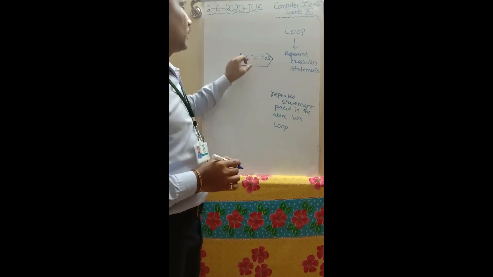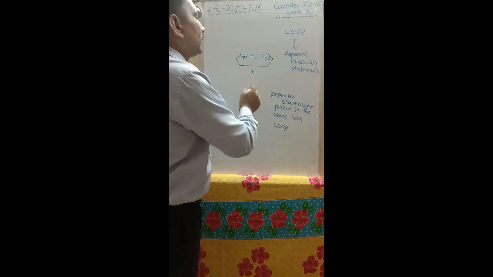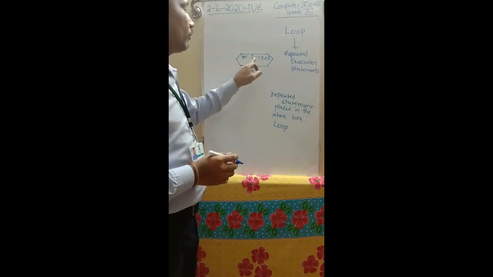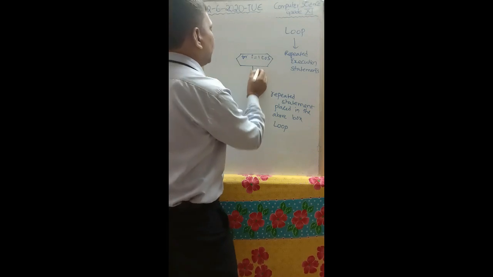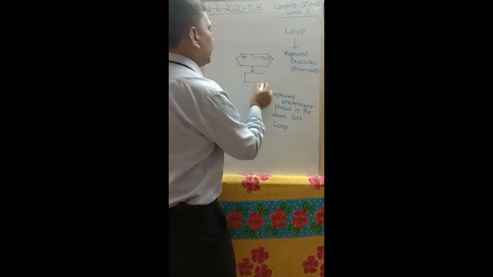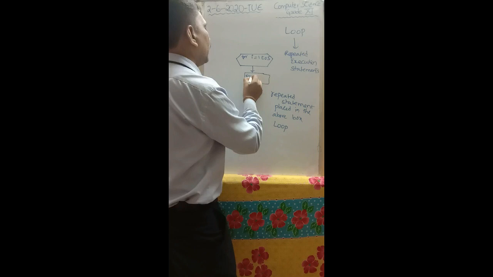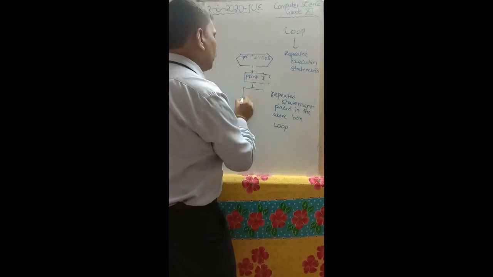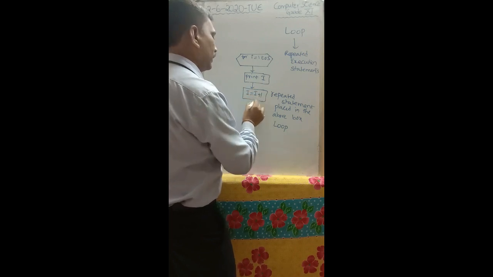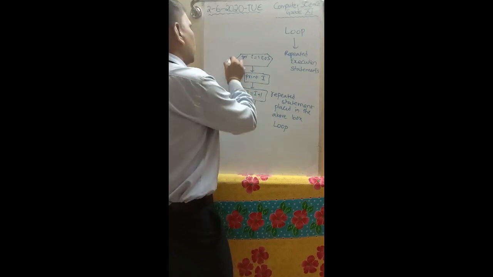This sequence of statements is executed 5 times, from 1 to 5. See here, I is equal to 1. Print I. Next, I is equal to I plus 1. Then again it comes to this.